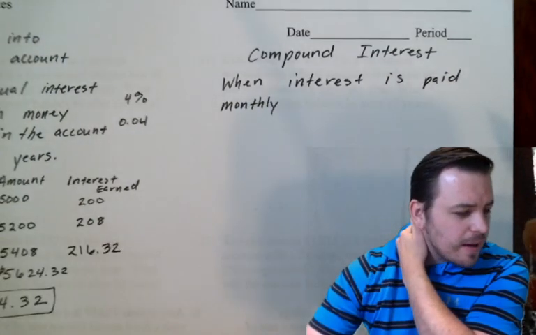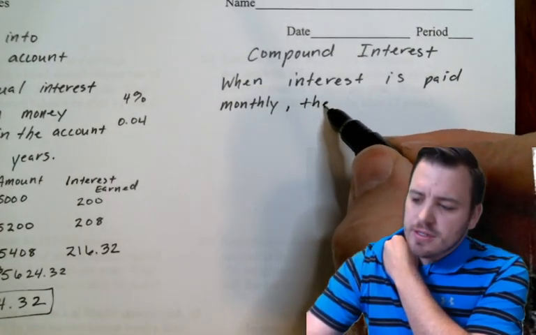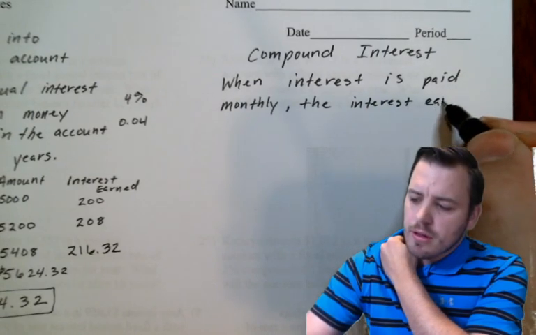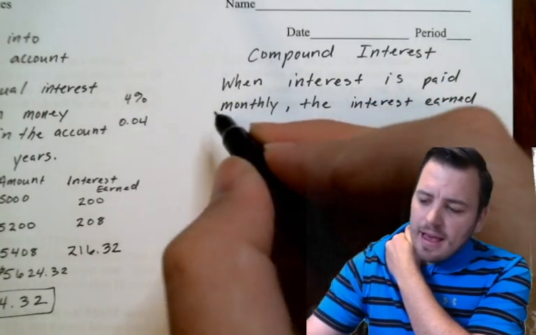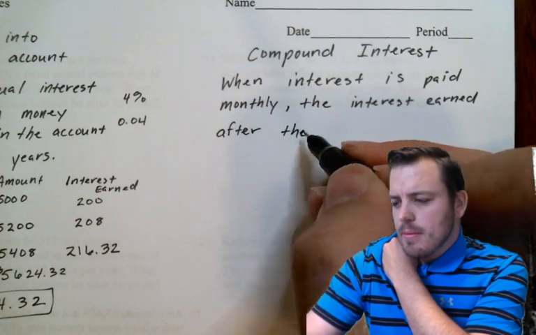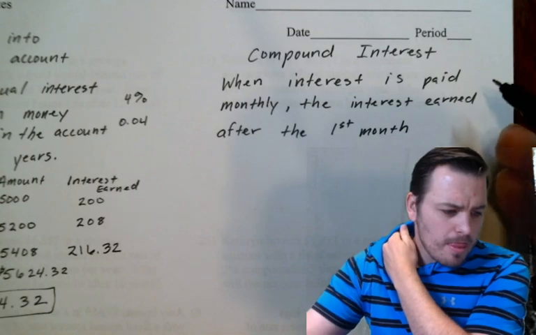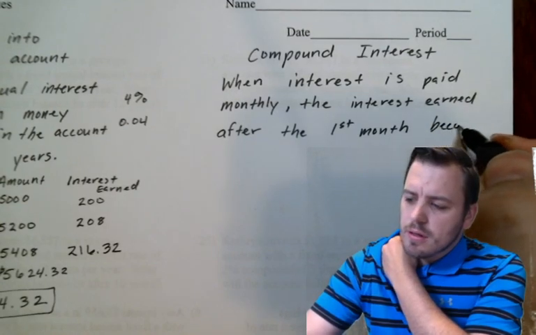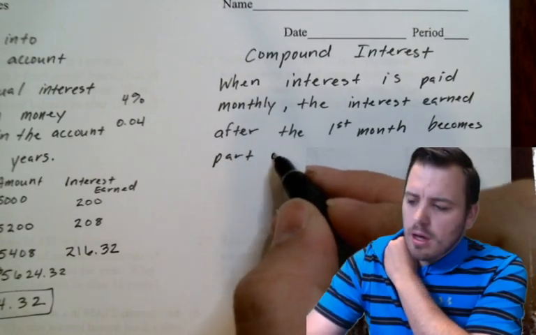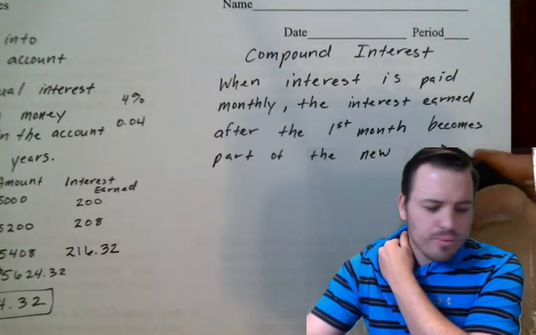When interest is paid monthly, the interest earned after the first month becomes part of the new principal.